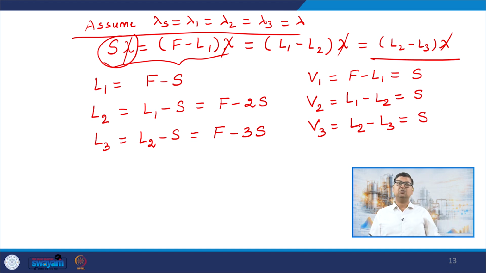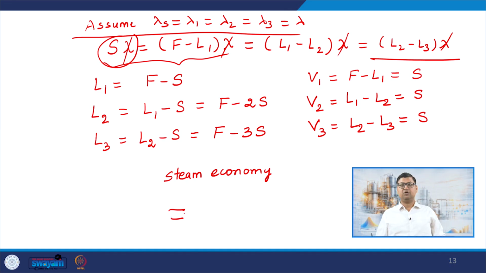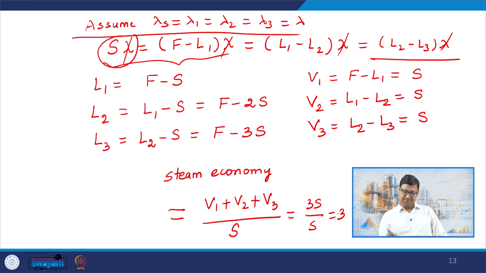So, if I now look at the steam economy of this process, the steam economy is going to be the amount of vapor produced by the amount of fresh steam fed, which is going to be V1 plus V2 plus V3 divided by fresh steam fed, which is S. So, this gives me 3S by S, which is equal to 3, right.